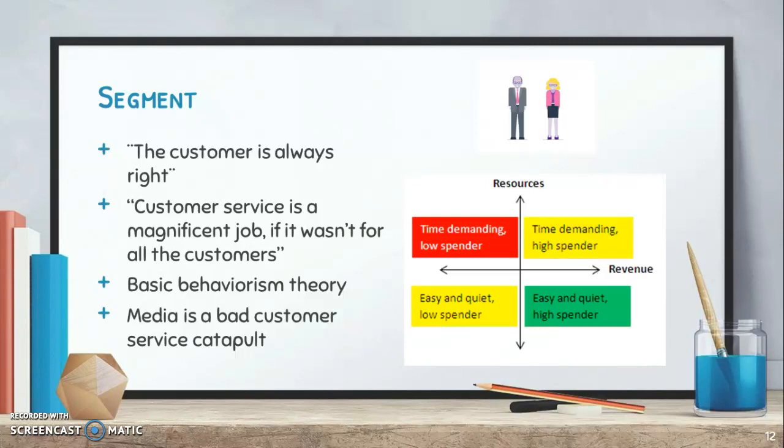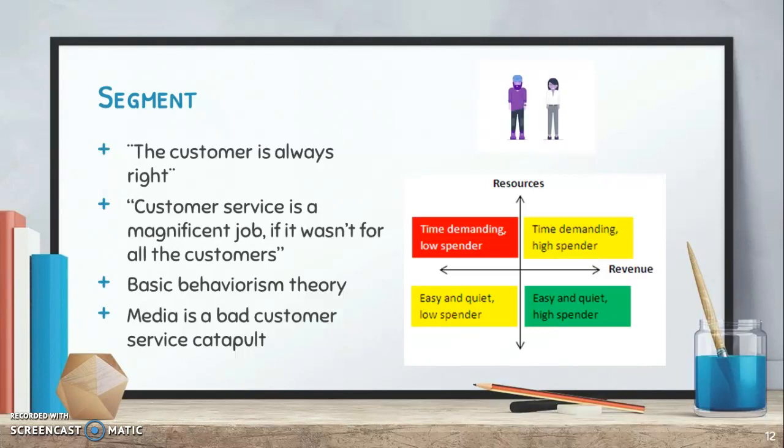The two groups in this first segment that demand high resources are normally the ones we pay more attention to, because they make some noise. They are happy and they communicate it in their social media, or they're mad and they communicate it in their social media. However, there are other kinds of customers that are easy and quiet.